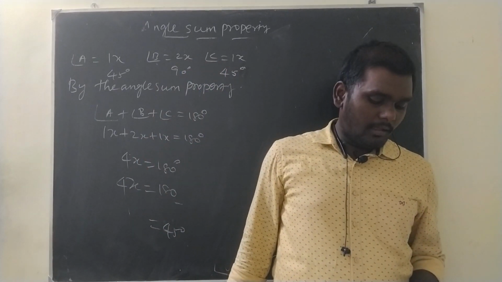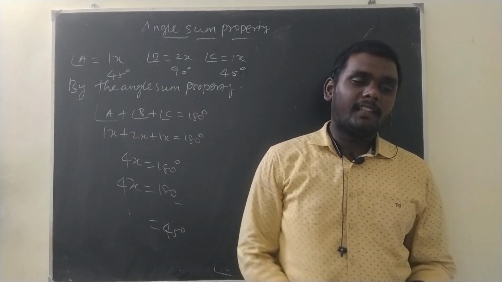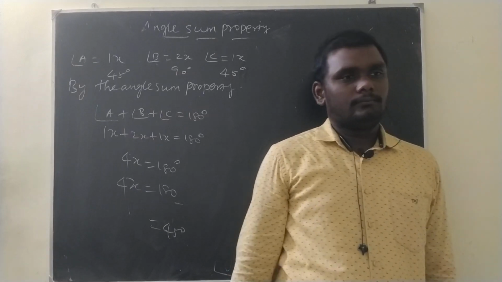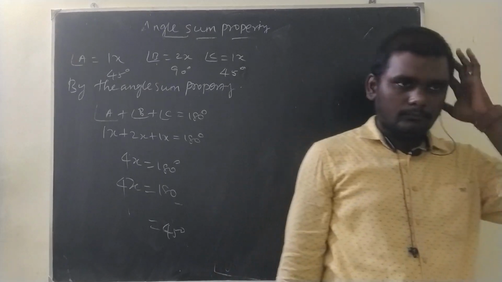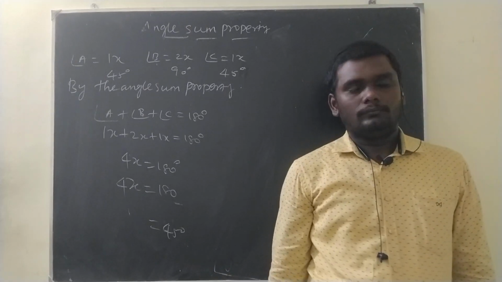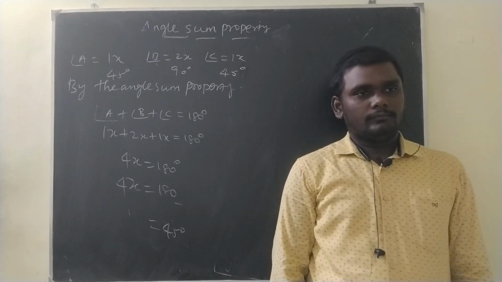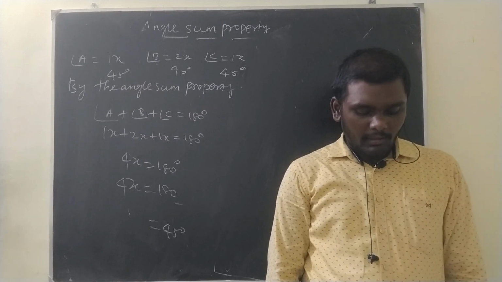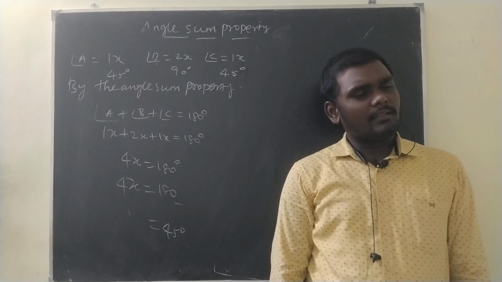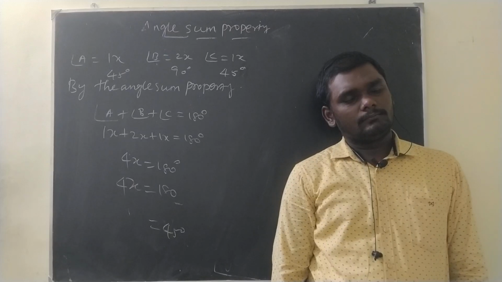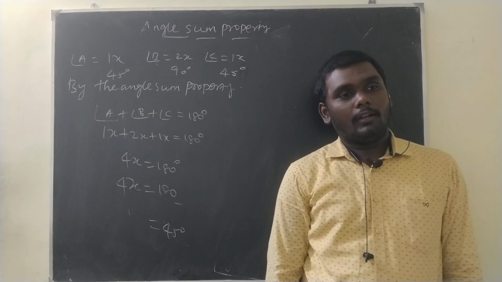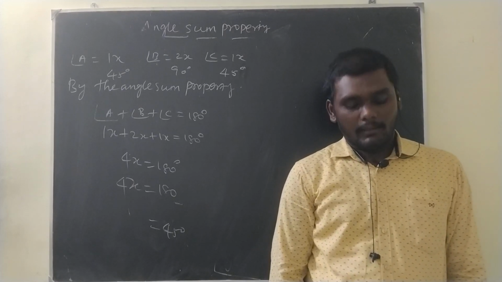Can you have a triangle with all the 3 angles greater than 60? No, we can't. Can you have a triangle with all the 3 angles equal to 60? Yes, that is called an equilateral triangle.